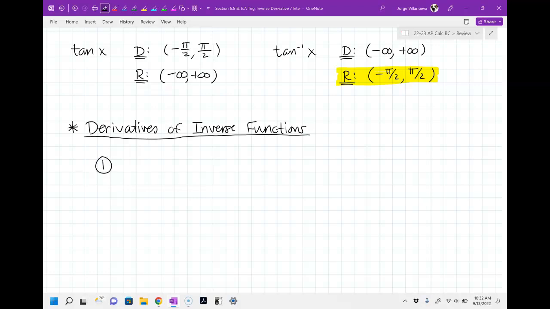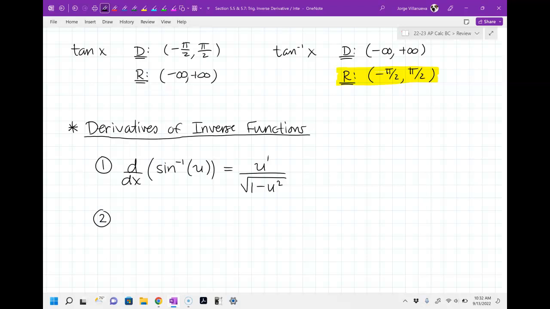The first one, super important, very common: d dx of sine inverse of u is equal to u prime over the square root of 1 minus u squared. This is the definition, so you just basically make it fit. There's no in between that you have to work your way through to get that. This is what it's defined as.